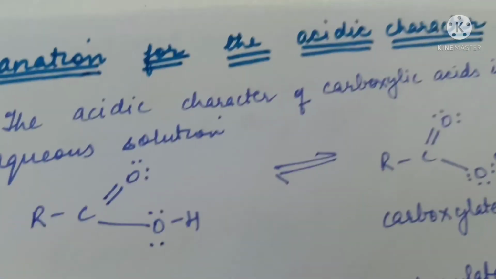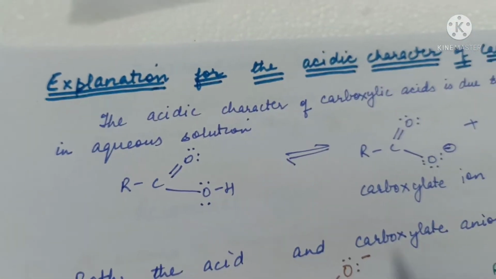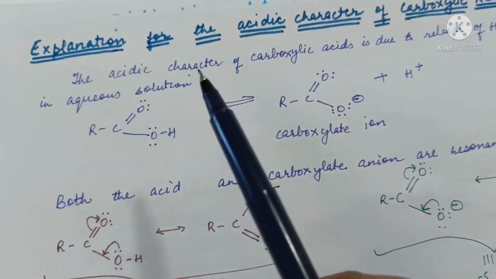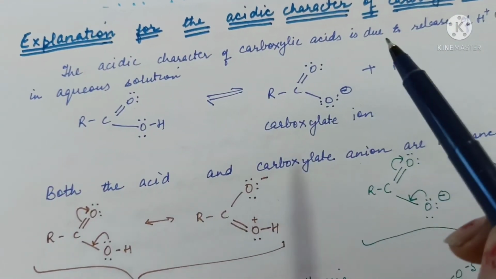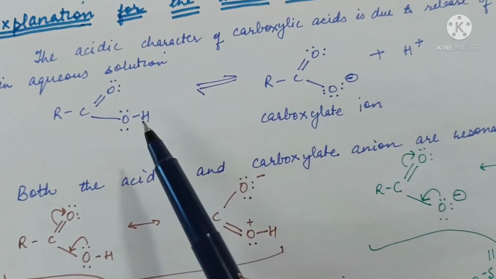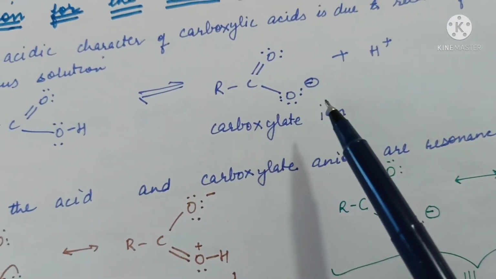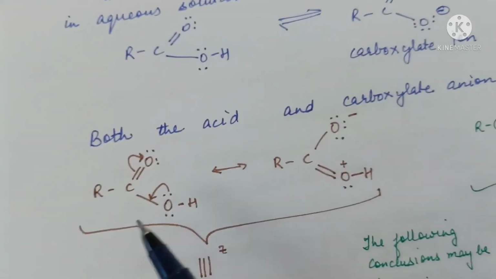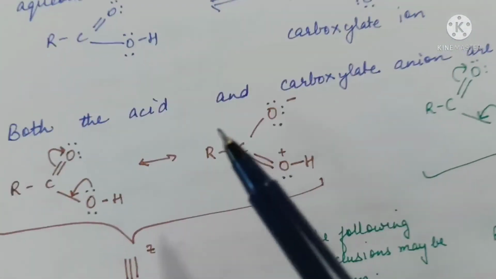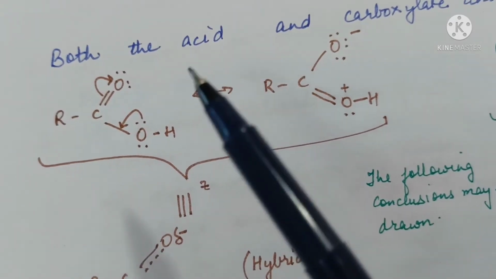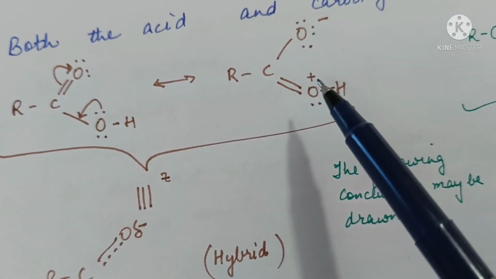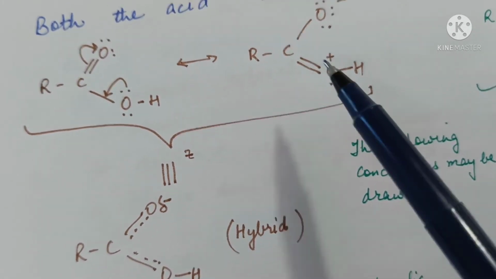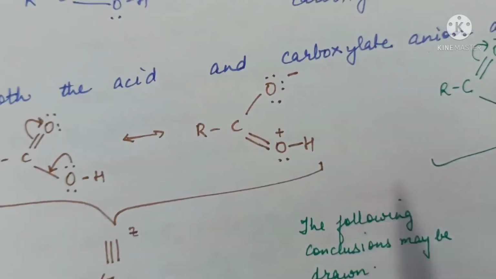We can also use resonance effect to explain the acidic character of carboxylic acid. Again, the acidic character of carboxylic acid is due to release of a proton. So carboxylic acid gives a proton to form carboxylate ion. While we study the resonating structures of both carboxylic acid and carboxylate ion, we again see that in carboxylic acid, there's a partial positive charge on the electronegative oxygen atom, and also there is charge separation.